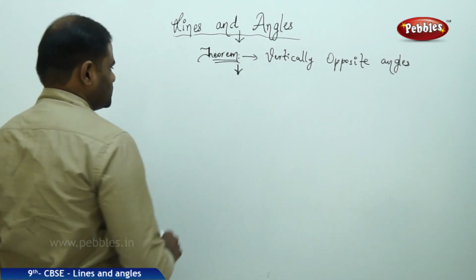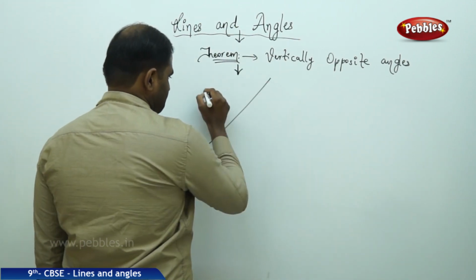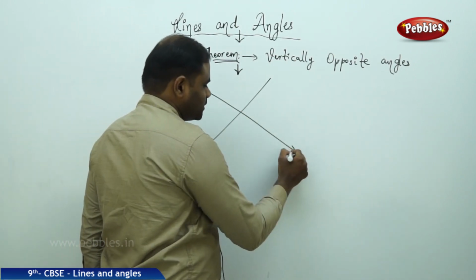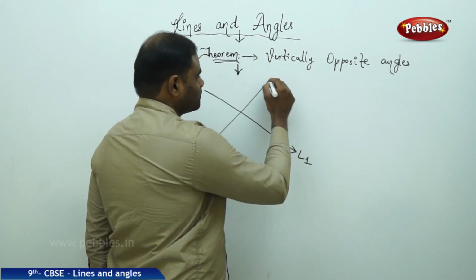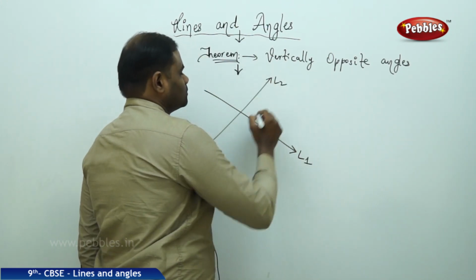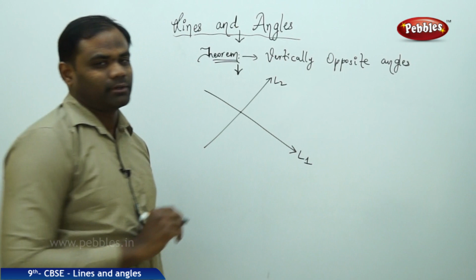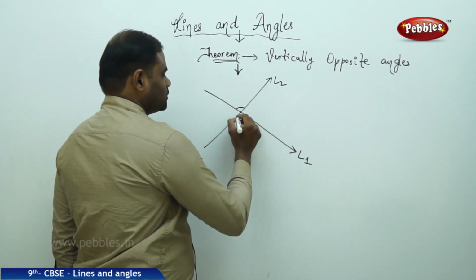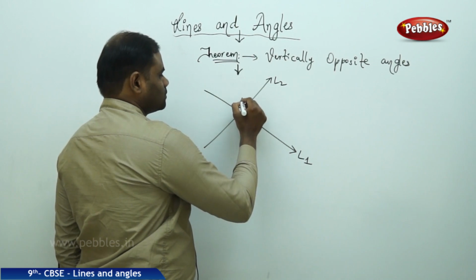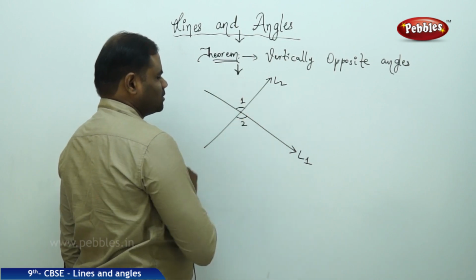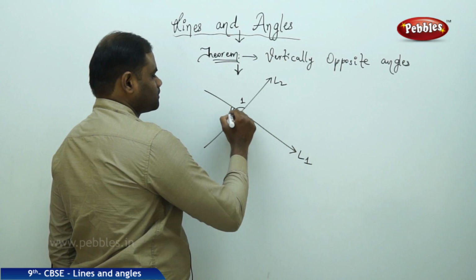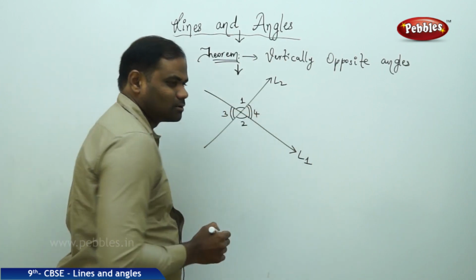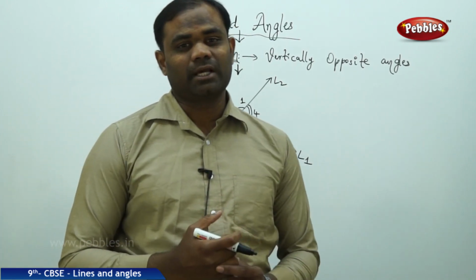Vertically opposite angles are derived when two lines intersect. So here is line 1 and here is line 2 intersecting at this point. Then we know clearly that pair 1 and 2 are called vertically opposite and pair 3 and 4 are called the other set of vertically opposite angles.